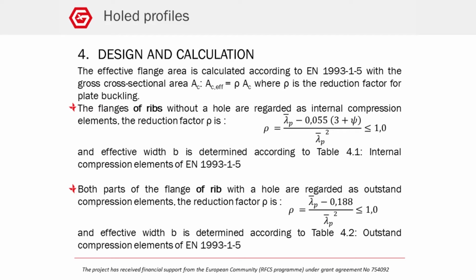Therefore, in that case, the effective width B was determined according to Table 4.1 of Eurocode 3 part 1-5, given for internal compression elements.